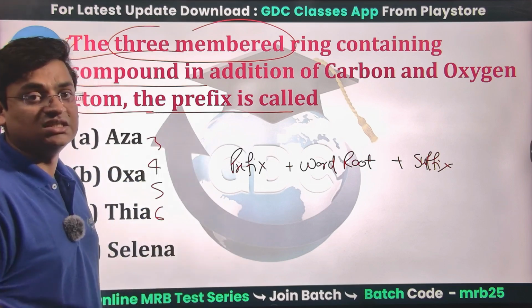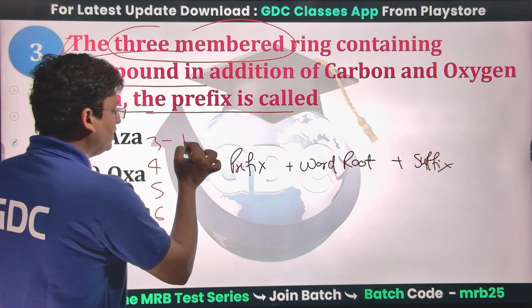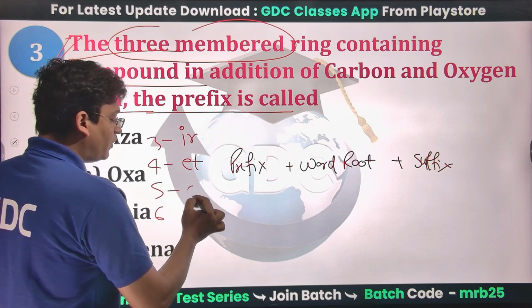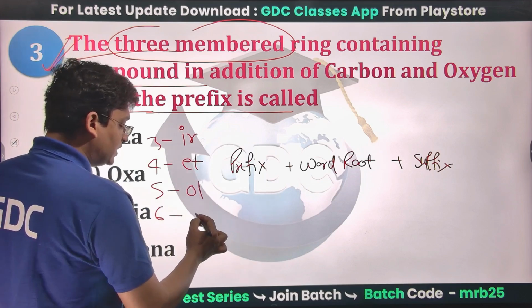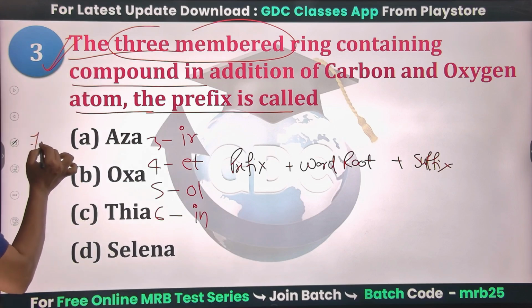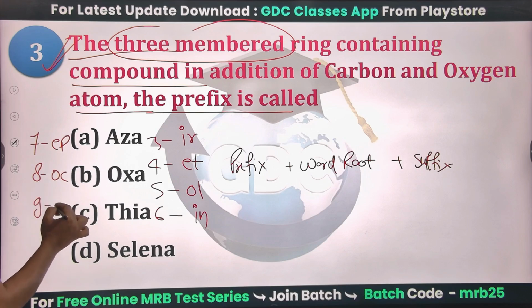Each ring size has a specific word root. A 3-member ring has IR. For 4-member you use ET. For 5-member you use OL. For 6 it will be IN. For 7-member ring you use EP. For 8-member you use OC. For 9 it will be EC.